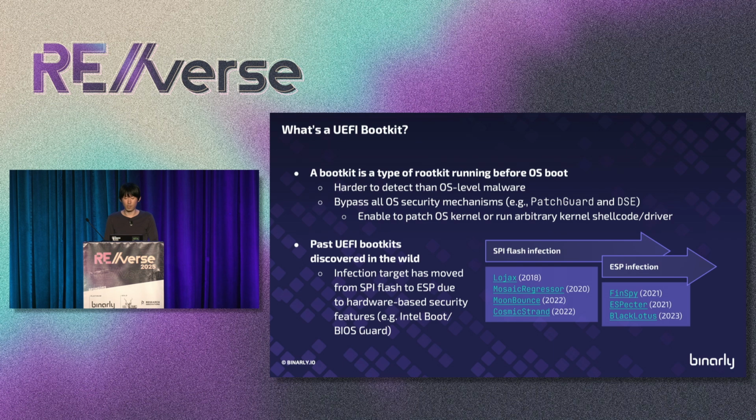Multiple UEFI bootkits have been discovered in the world over the years. As a trend, the infection target has moved from SPI flash memory to the EFI system partition due to hardware-based security features such as Intel BootGuard and BIOS Guard.